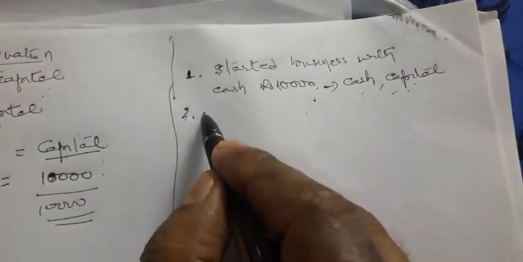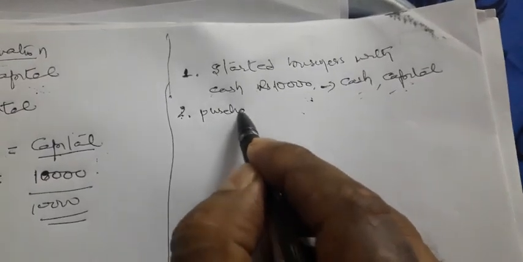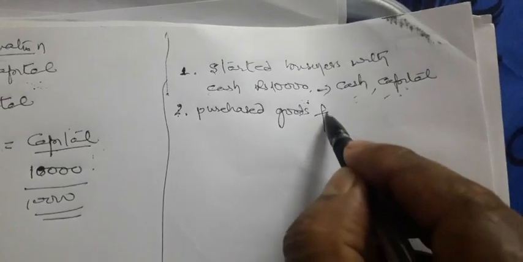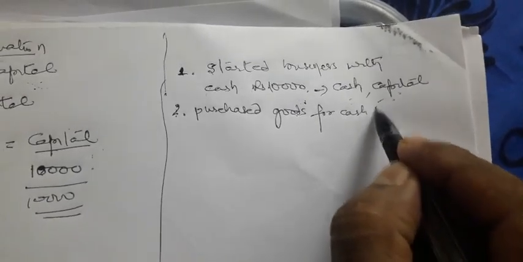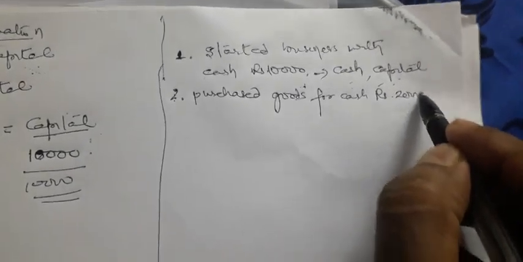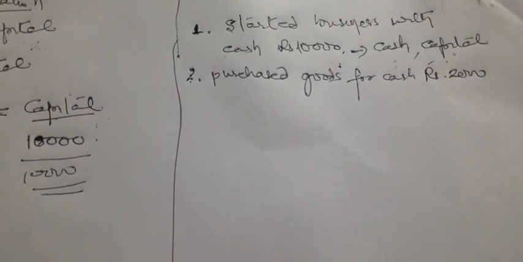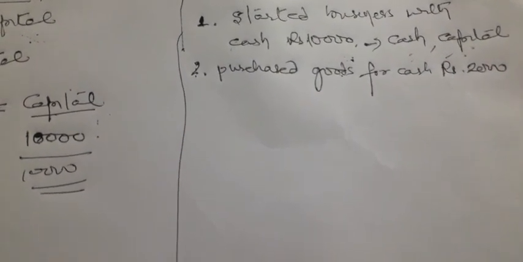We take another example, number 2. Suppose the transaction is purchased goods for cash rupees 2,000. The businessman has purchased goods for cash 2,000. Again, there must be two aspects here.